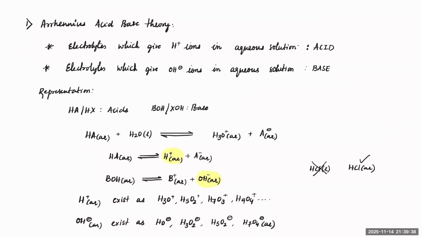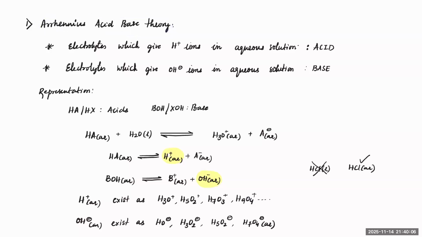Next, let's understand what is the Arrhenius acid-base theory. Basically, now we are trying to explain the definition of what is an acid and what is a base, right from the initial definitions to the modern definition. The first acid-base definition was given by Arrhenius, that's why it is called Arrhenius acid-base theory.